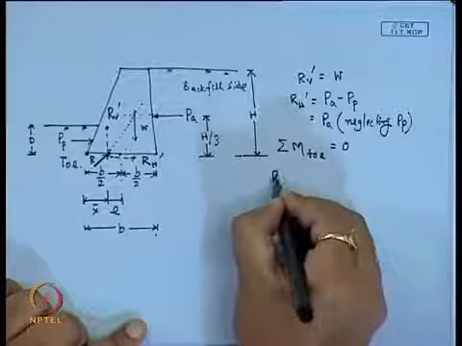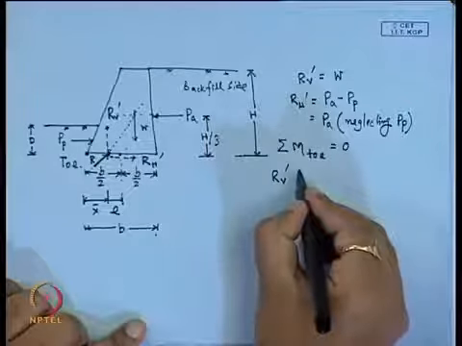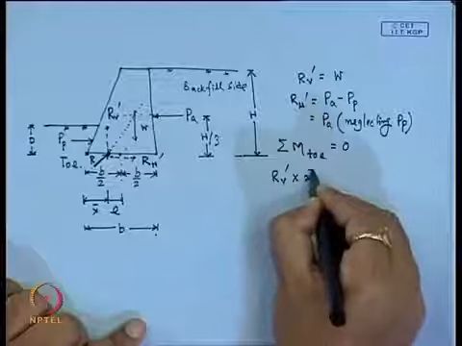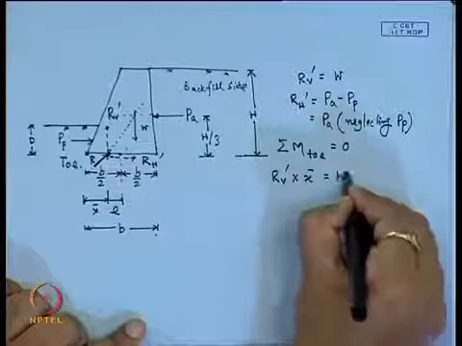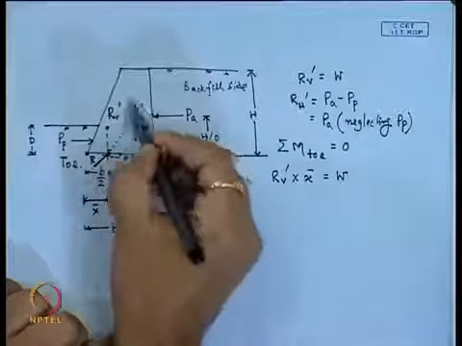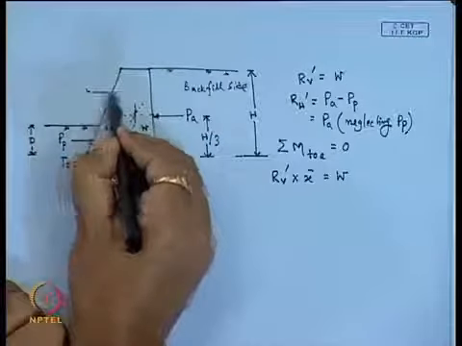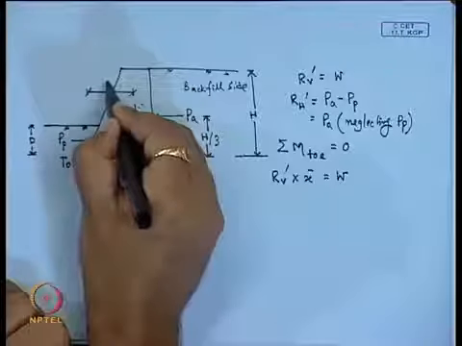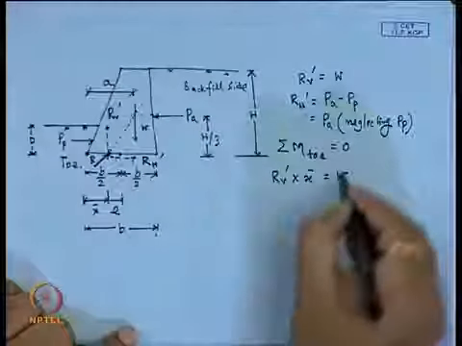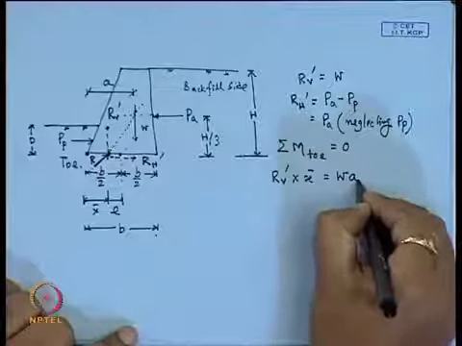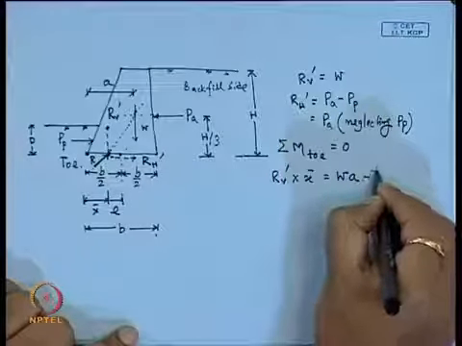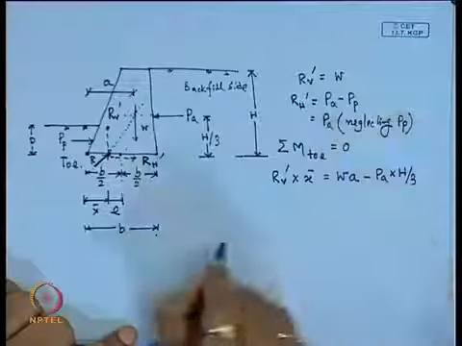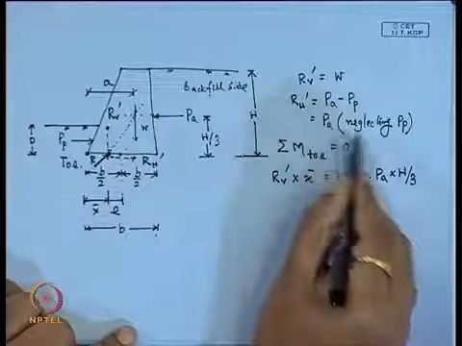So, we can write that R_v' into x bar is equal to W, and if W is acting at a distance of a from the toe of the retaining wall, this is W into a, then minus P_a into h by 3, as we are neglecting the P_p.